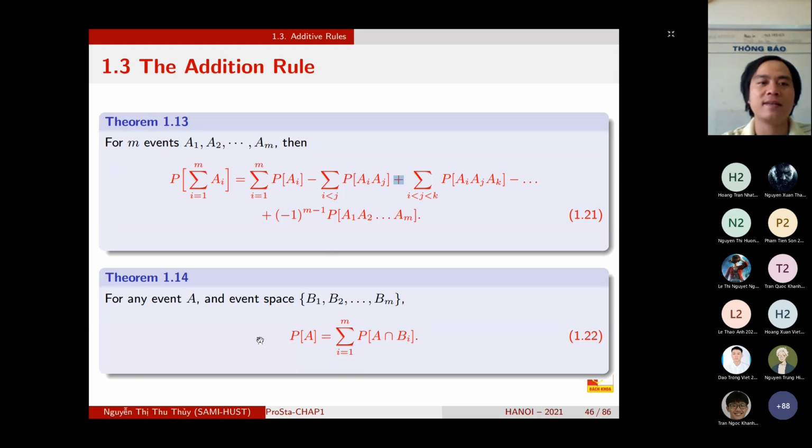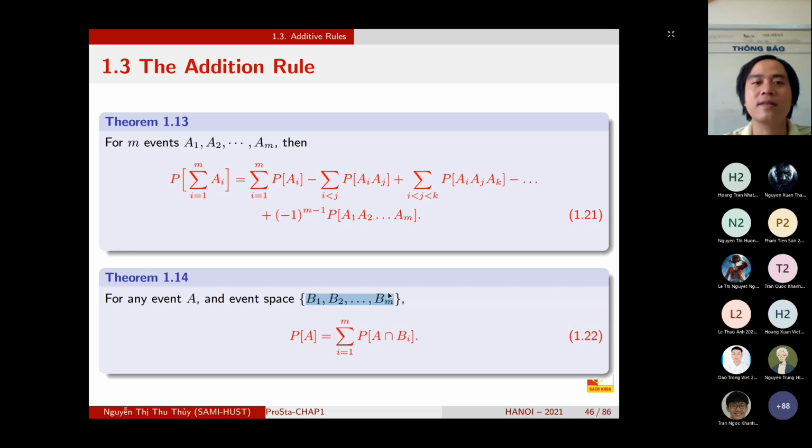And then Theorem 1.14, what does it mean? It means that any event A can be split into different small parts, which are the intersections of A and each event in an event space B1 to Bm.